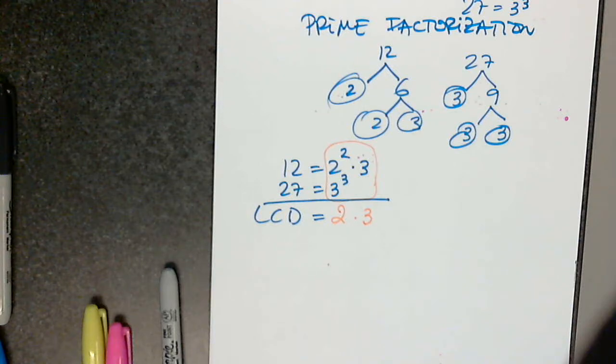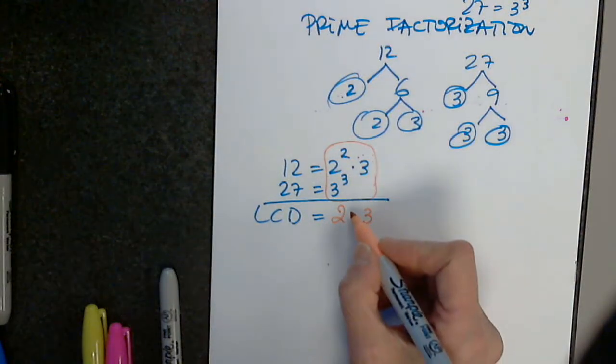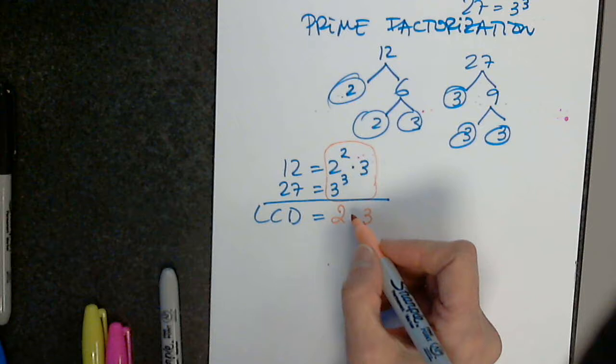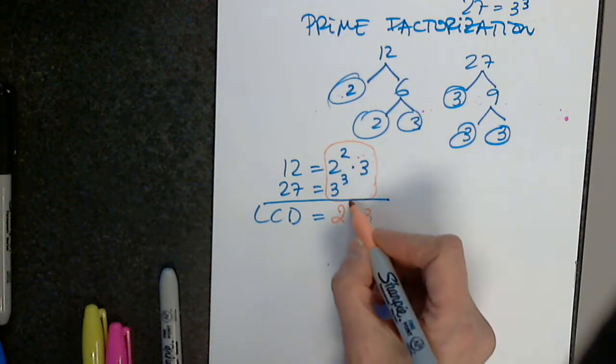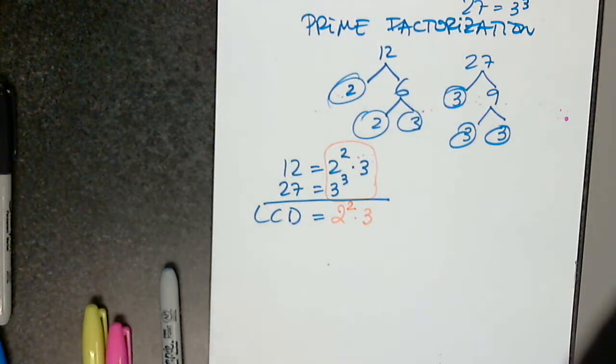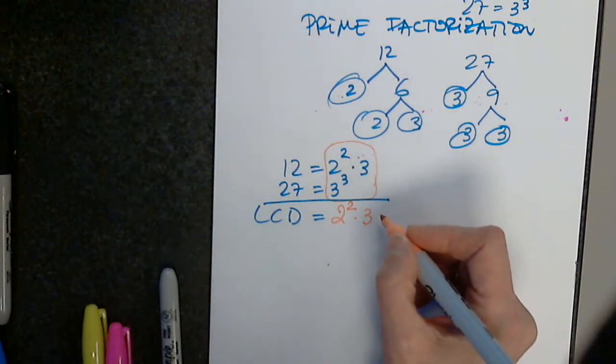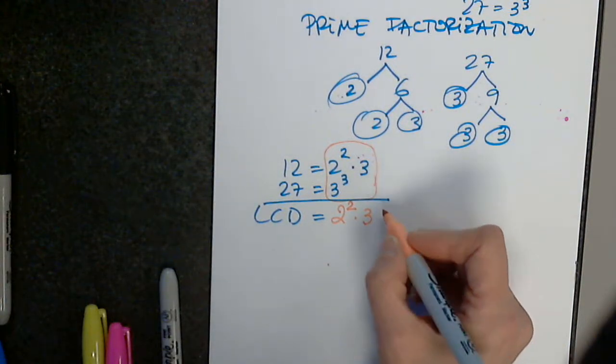What is the largest power that 2 has in any of those numbers? So what is the power that I will have to have in the least common denominator? 2. What is the largest power that 3 has in any of those 2 numbers? So the power of 3 in the least common denominator will be?